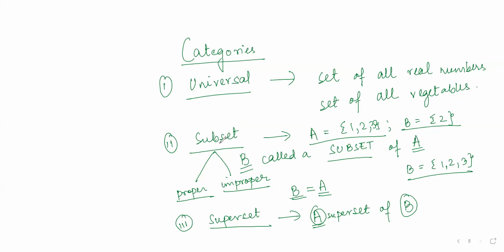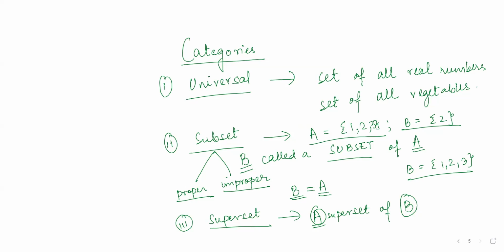B is called a proper subset of A if A will contain at least one extra element than B. And improper is when A and B are both equal. ठीक है? तो ये हो गया डिफरेंट कैटेगरीज ऑफ सेट.